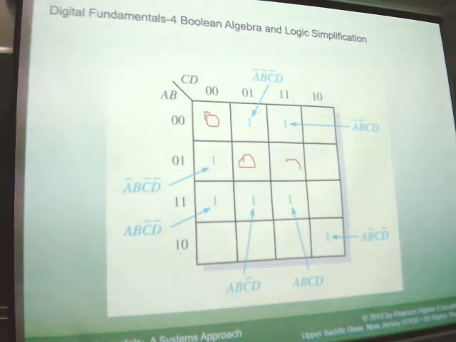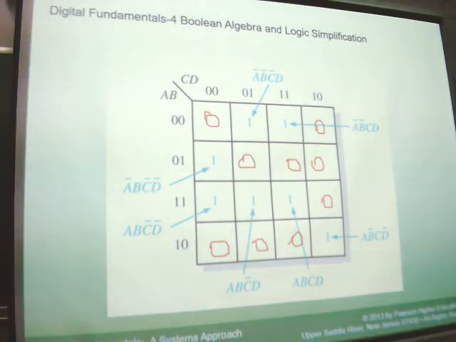We can write the 0s, or we can also delete the 0s and just type the 1s. That is mapping the standard SOP expression on the Karnaugh map.